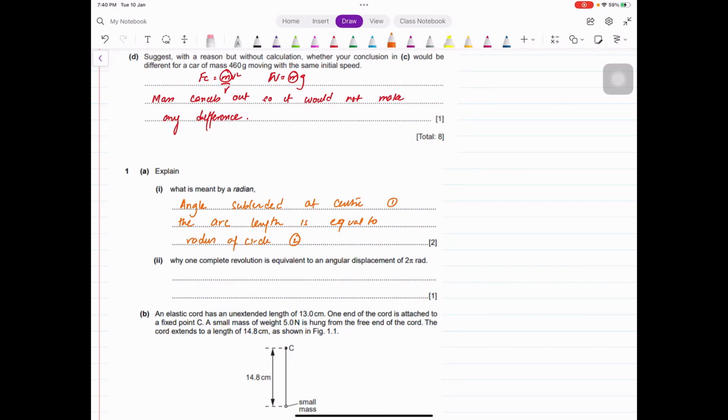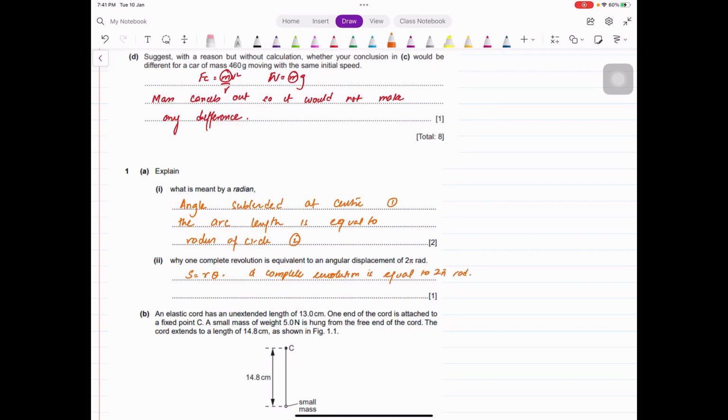You should remember that the arc length s is given by r times theta, right? So a complete revolution is equal to 2 pi radians.